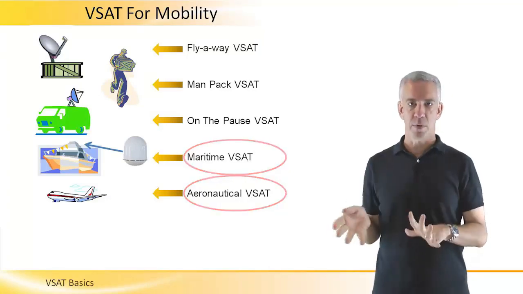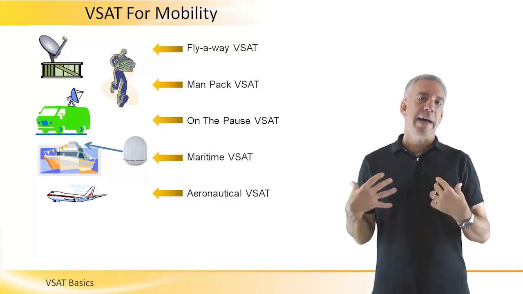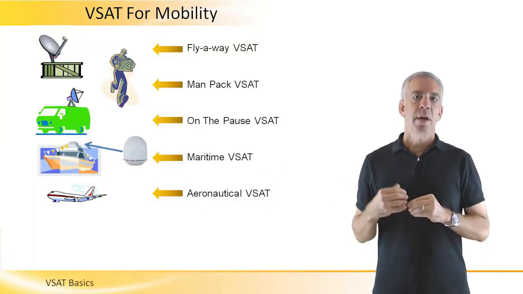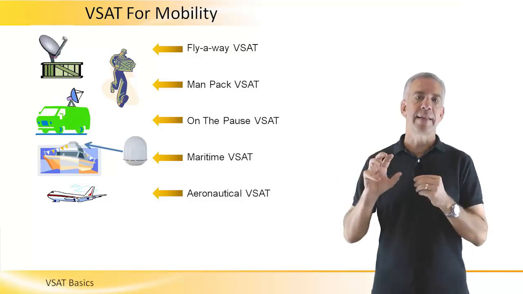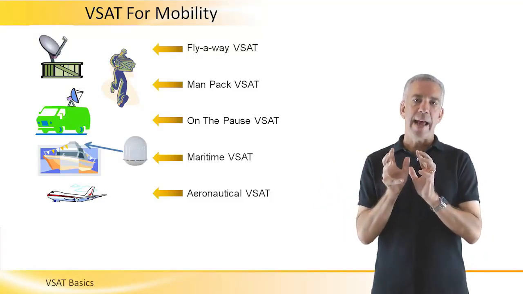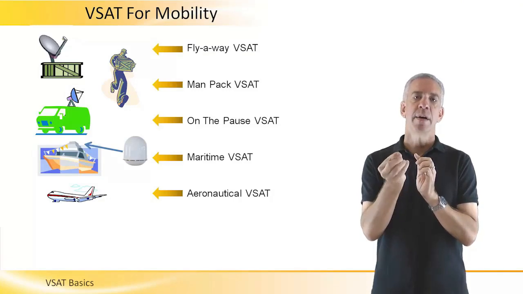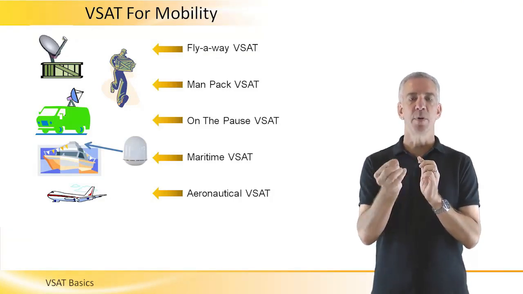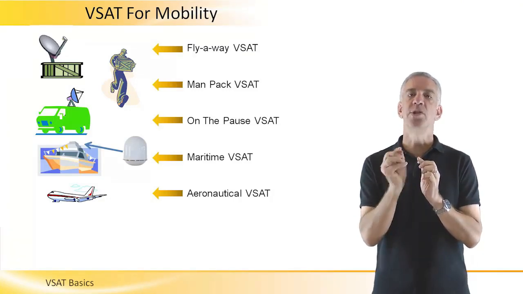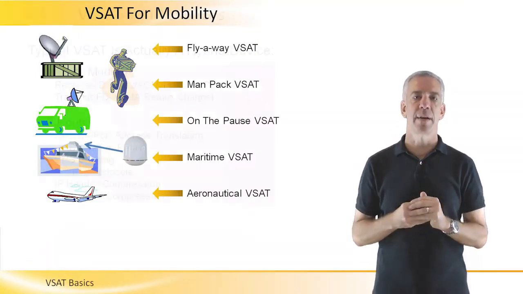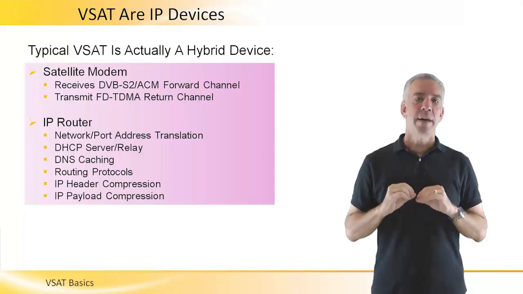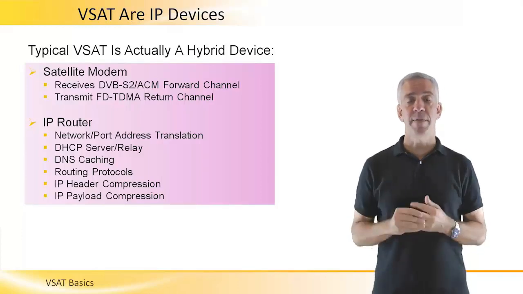That's called on the move. On the move has much more complexities than on the pause, and those complexities are related to the fact that the VSAT has to continually track the satellite as it is moving and make continuous adjustments to the path to the satellite.